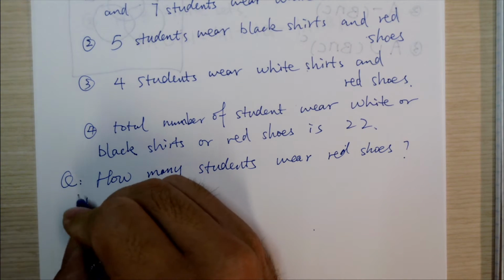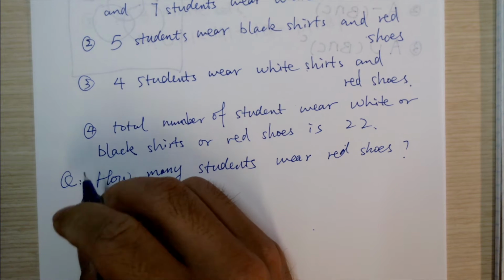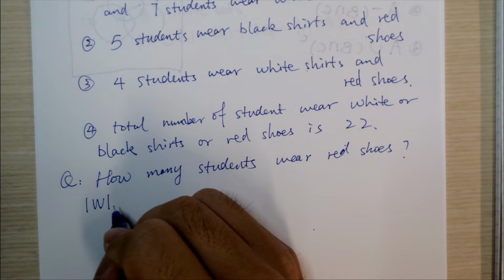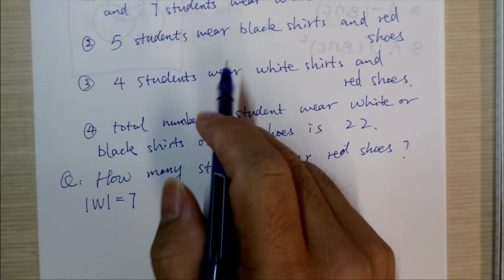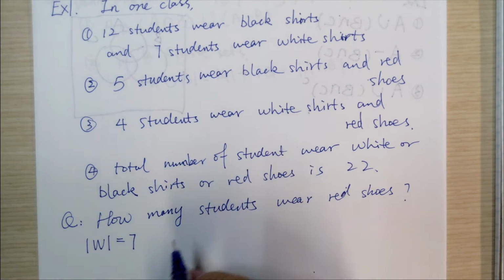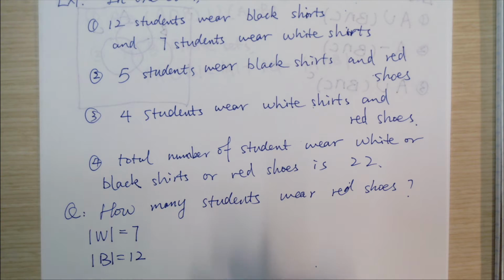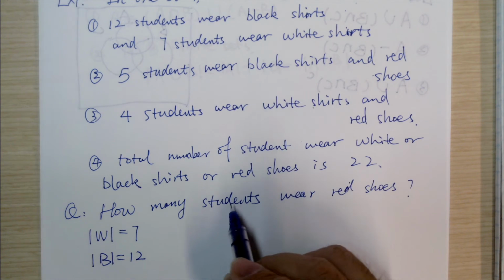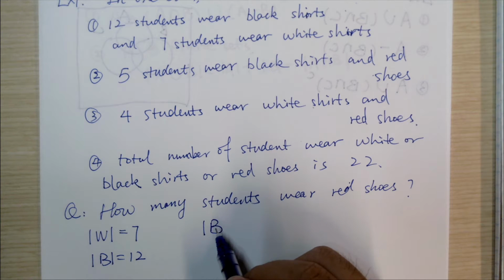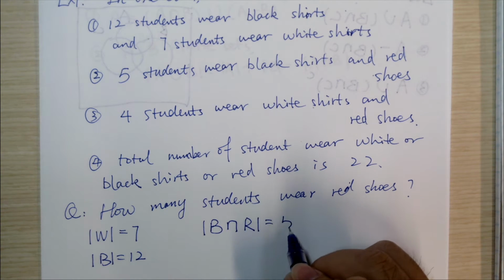So assume the cardinality of students who wear white shirts is 7, right? As you can see, the black is 12 for black shirts, and then the students who wear black shirts and red shoes is 5.